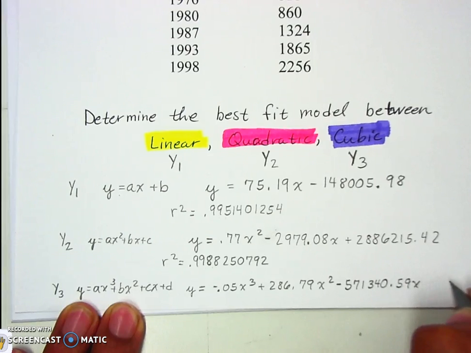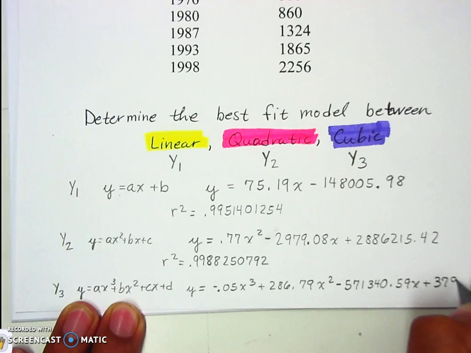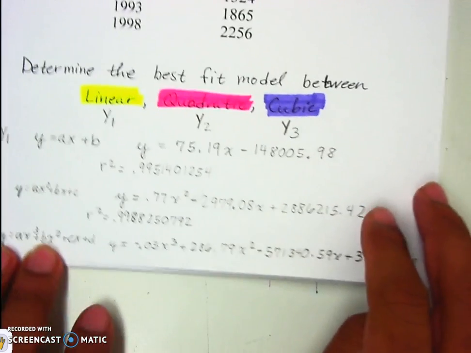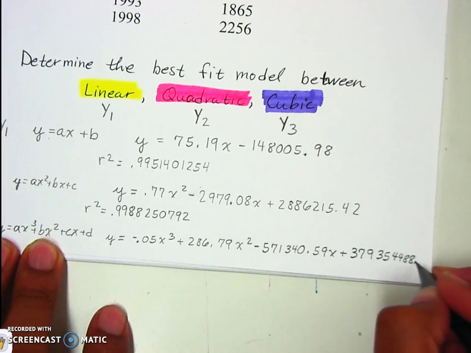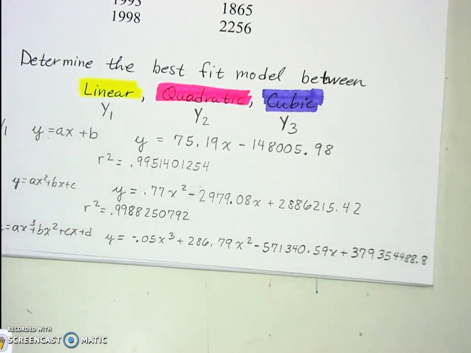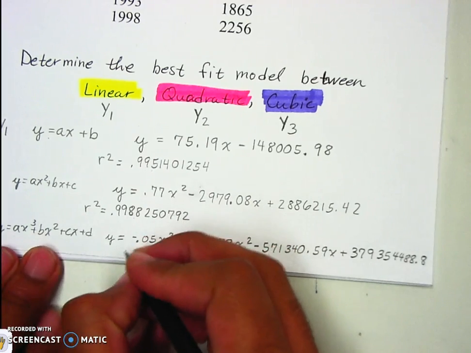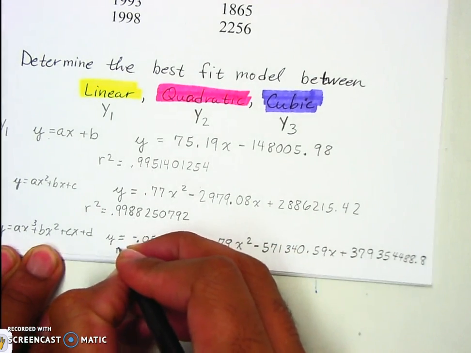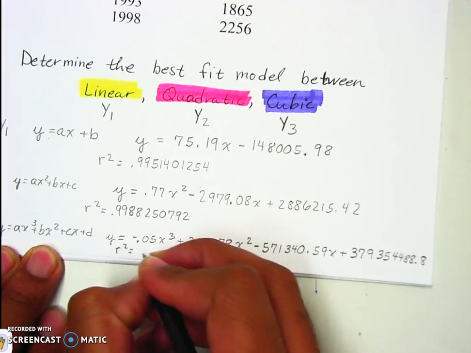So you got to make sure you know how to do it. Whew. It's a long one. So that's your cubic one. And again, make sure you know how to round correctly. All right, and then r squared.